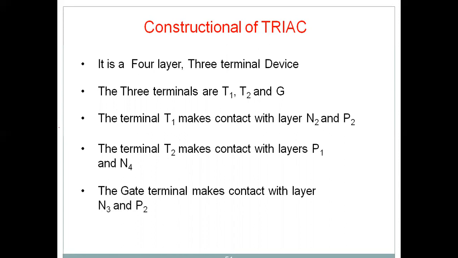It is a 4-layer, 3-terminal device. The terminals are T1, T2, and G. The terminal T1 makes contact with the layers N2 and P2. The terminal T2 makes contact with the layers P1 and N4. The gate terminal makes contact with layers N3 and P2.